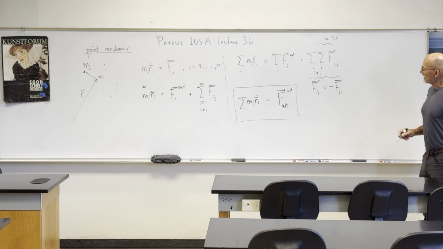And then we said, okay, this is a time derivative, complete time derivative of the expression with one fewer derivative. So we would have d over dt of m sub i r sub i dot equals the net external force.